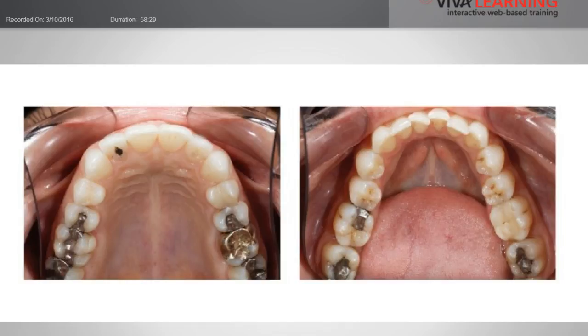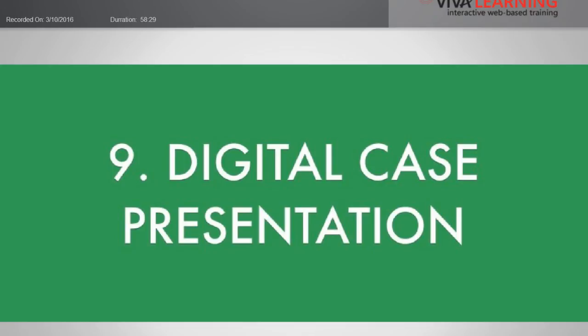What can we do about that? It's very, very useful, I think, to get the patients involved as much as you can with their treatment. And when the patient sees their whole mouth like this in front of them, they often end up diagnosing more work for you. And that leads us on to a digital case presentation.